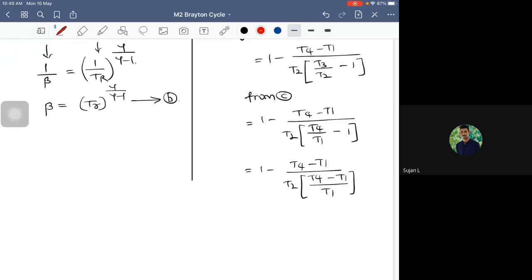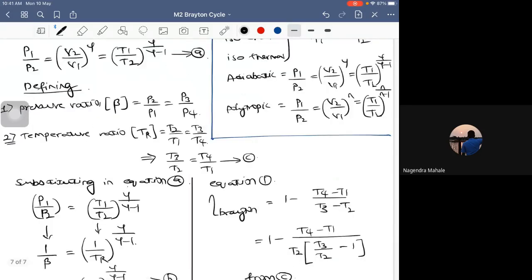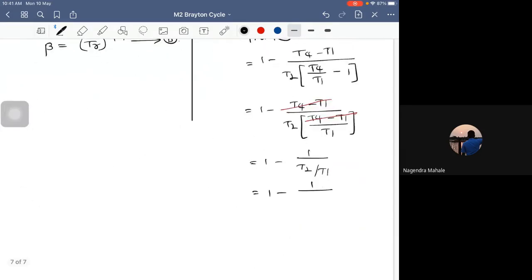Nothing would cancel? Okay, T4 minus T1 over T4 minus T1, these cancel. So it would be something like this: 1 minus 1 divided by T2 by T1. Correct? So what do you mean by T2 by T1? T2 by T1 is nothing but TR, no?